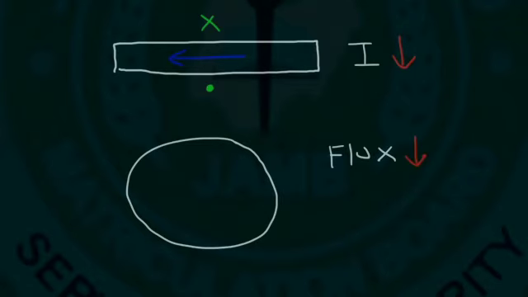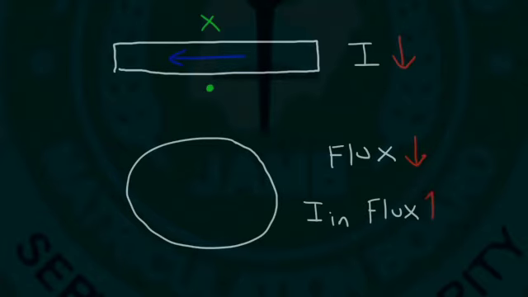Now the flux is decreasing because the current is decreasing. A decrease in current will produce a decrease in magnetic field, and a decrease in magnetic field leads to a decrease in flux. So according to Lenz's law, the induced current will be directed in such a way that it's going to try to support the decrease in flux. So if the flux is decreasing, it's going to try to increase it.